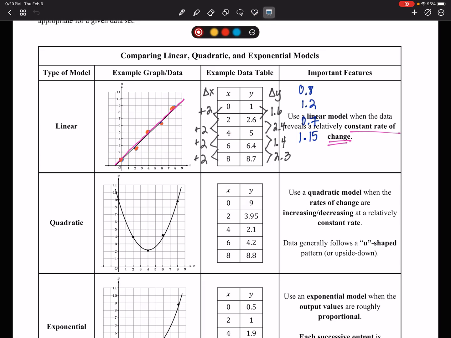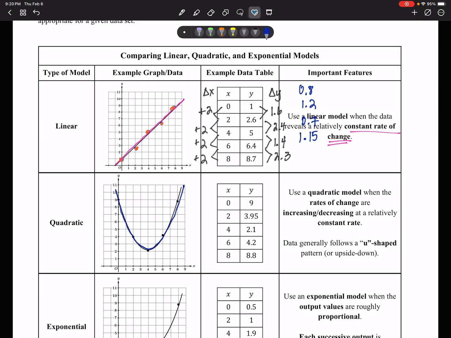So you can see that these numbers are not the same. So is this a constant rate of change? No, it's not perfect. But again, we're talking about data in which we're going to create a perfect model.